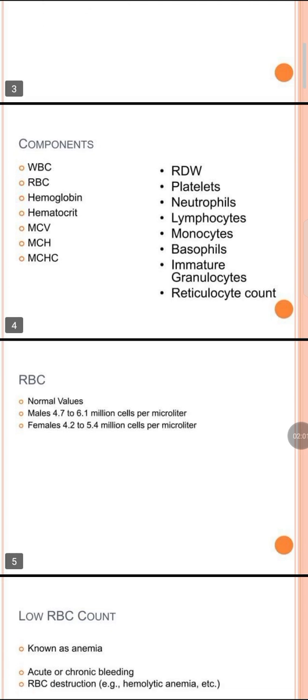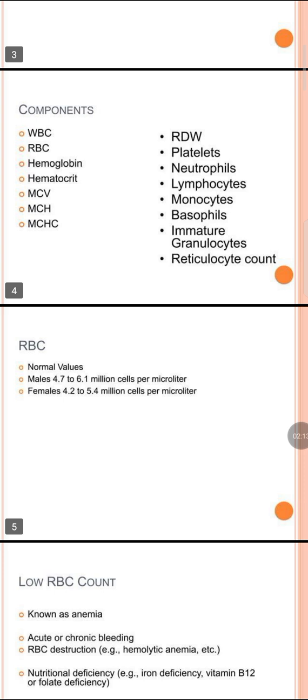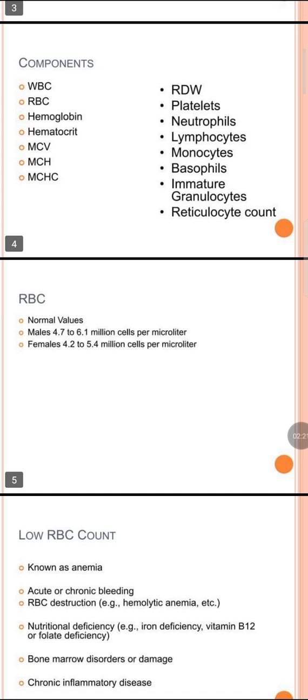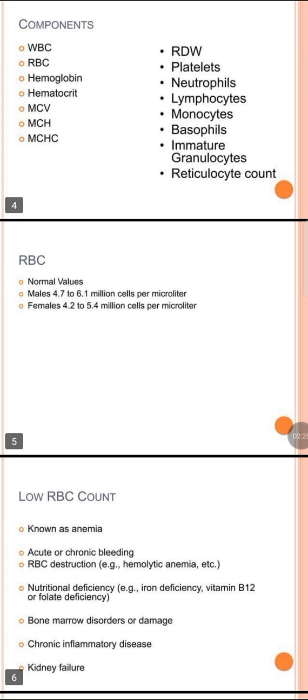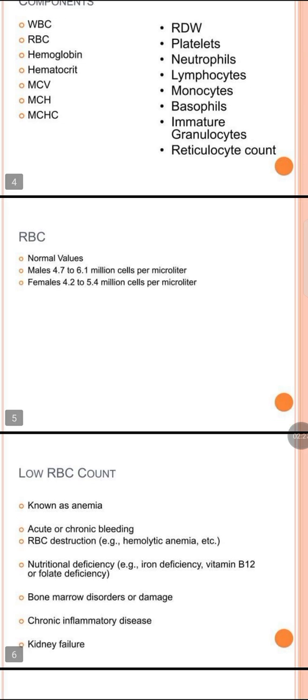If it's higher than the normal, you say macrocytic, meaning that the size of the red blood cells is bigger than normal. RDW, this is red cell distribution width.